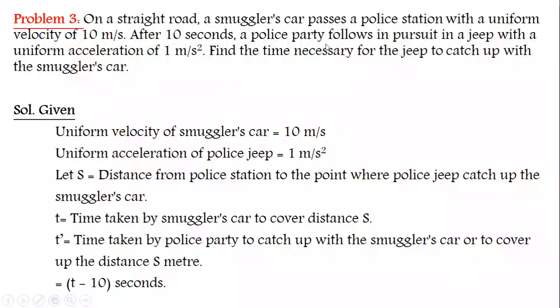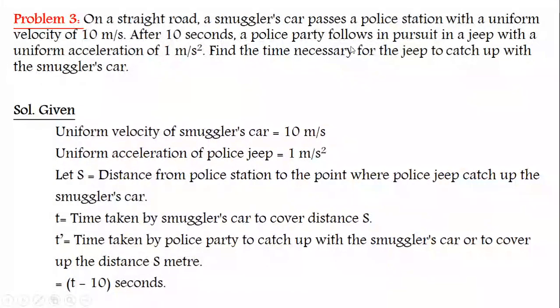The police jeep's uniform acceleration is 1 meter per second squared, and the smuggler's car velocity is 10 meter per second. Here velocity is given, here acceleration is given. Now we have to find the time necessary for the jeep to catch up with the smuggler's car.